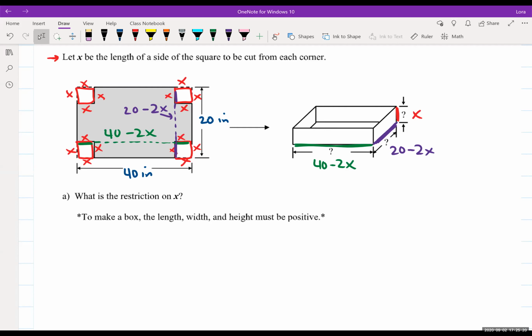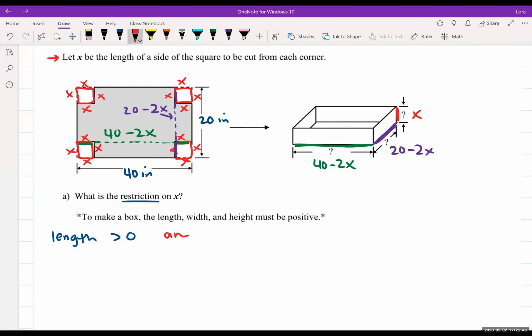First off being, again, you can't cut the square off to be too big, because if you cut it off too big, you won't end up having a box to make. So this is what they are talking about when they talk about the restriction. And so just as we did in maybe the previous sections, if we were looking at understanding the restrictions, we have to have the length must be positive, so it must be greater than 0.